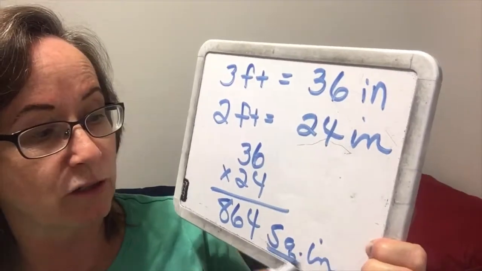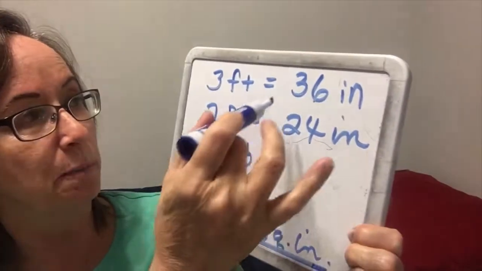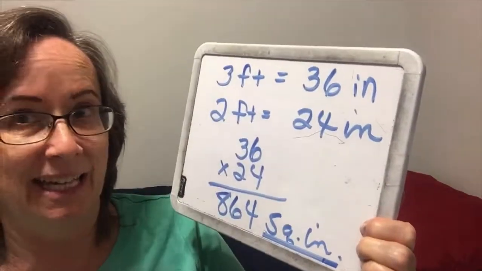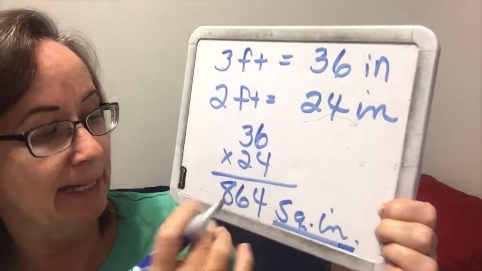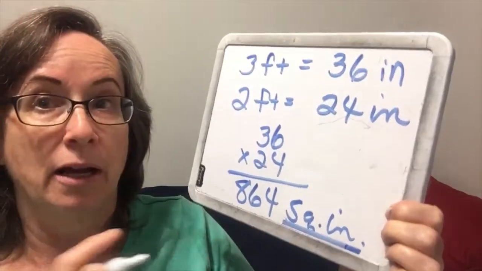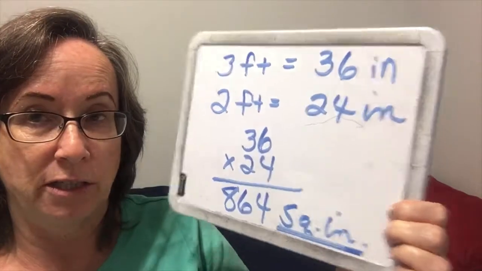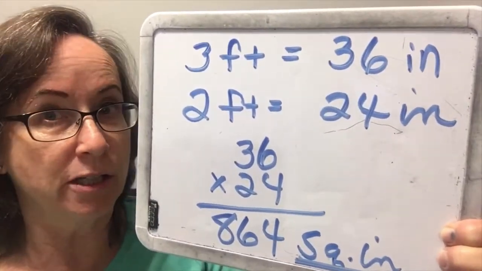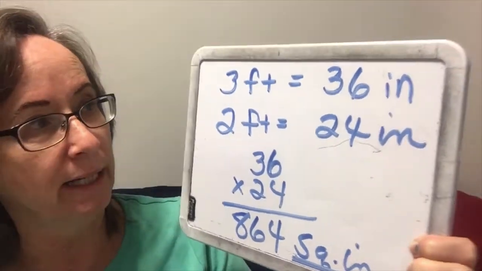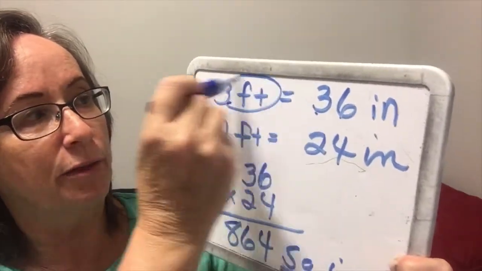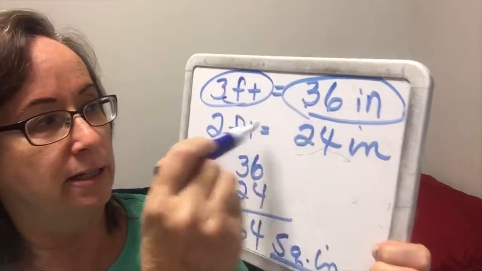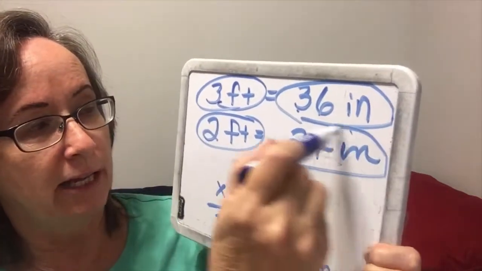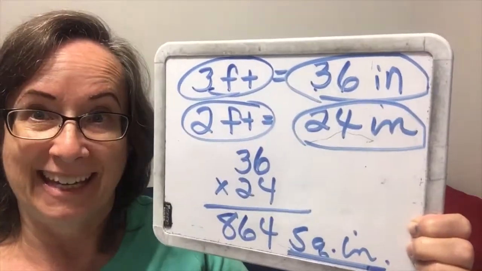If I want square inches, I multiply the length times the width in inches, and I get 864 square inches. So if you want your area in square inches, the easiest way is to turn your 3 feet into inches and your 2 feet into inches and just do your math in inches.